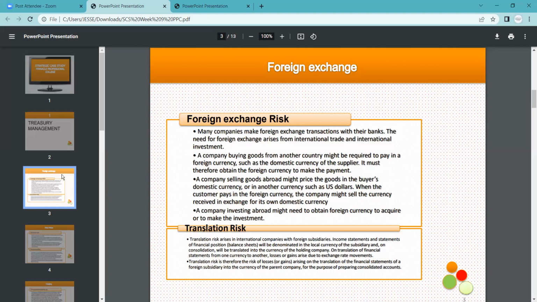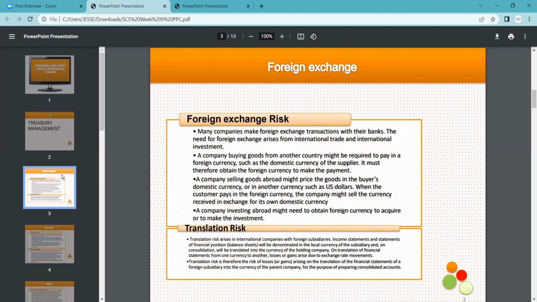And as I already mentioned, the management of cash is important because there are all kinds of risks out there that can decrease the value of our cash. So it's always important to manage our treasury in that sense.